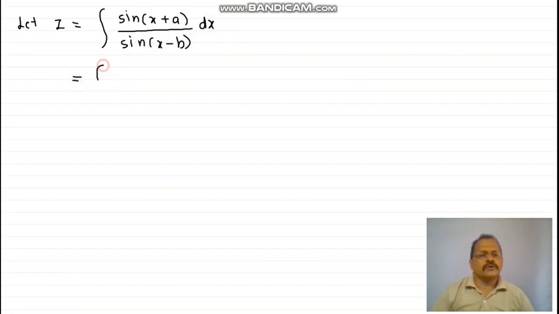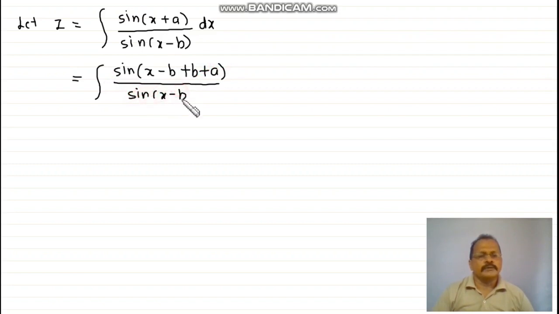Now our basic aim is to make the angle in the denominator look like the angle in the numerator. So for that I will subtract b and add b. Sin of (x minus b plus a) divided by sin of x minus b dx.